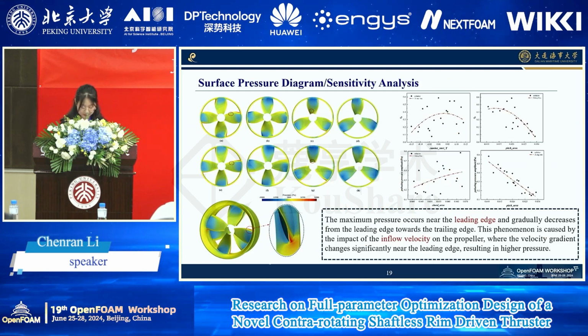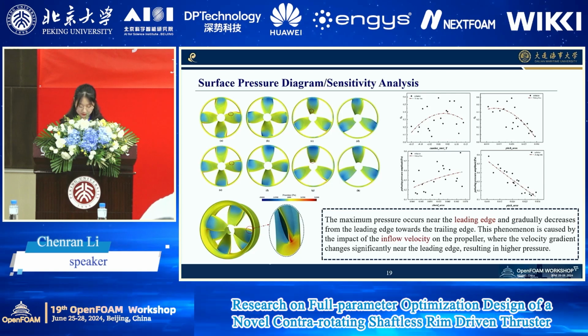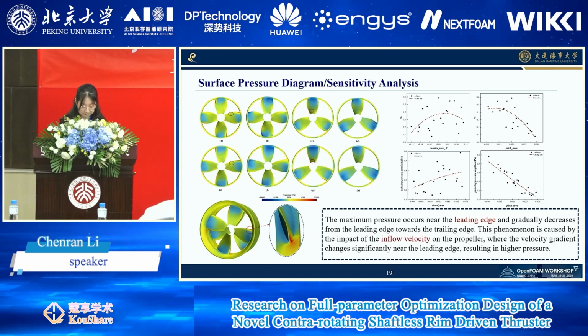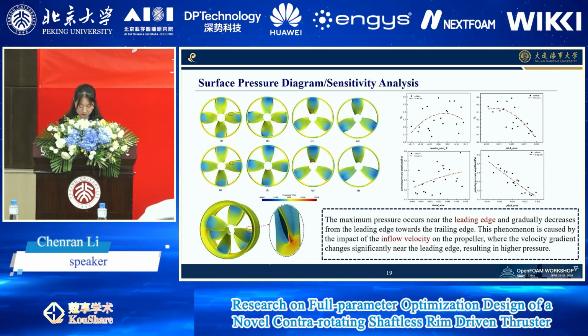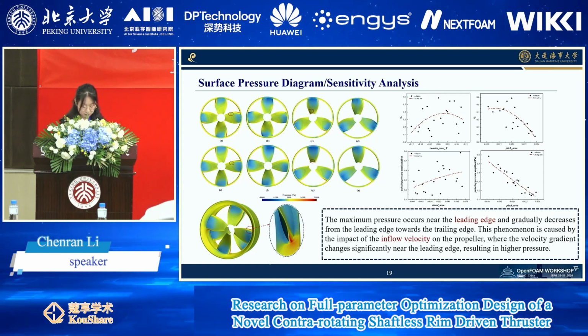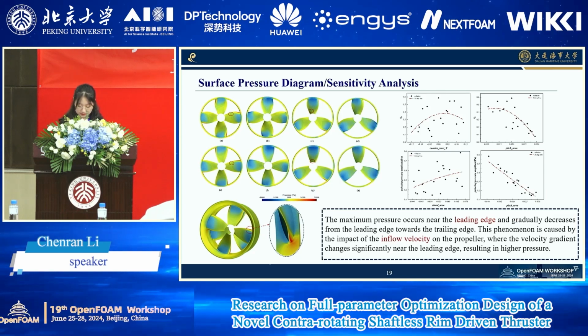By comparing the pressure maps before and after optimization, it can be seen that the optimized counter-rotating RDT has a smoother blade structure. The middle and the root part of the rear blades are wider compared to the original prototype, resulting in a more uniform pressure distribution on the blade surface.